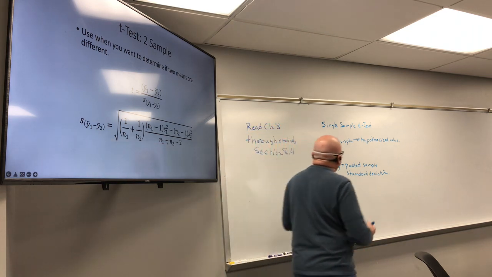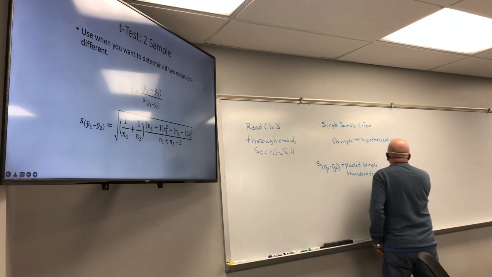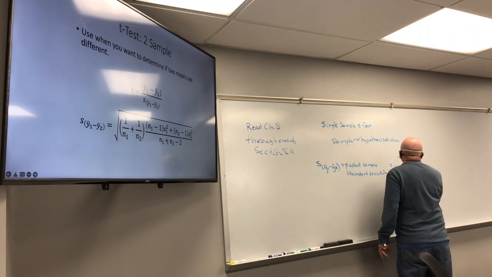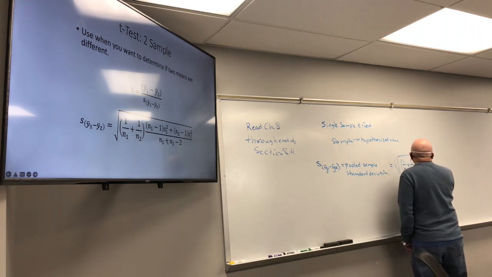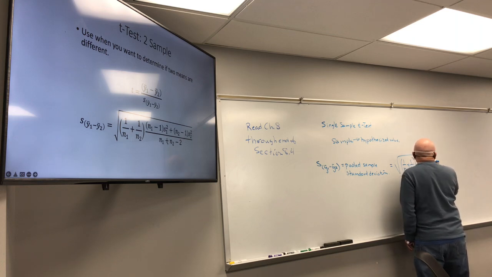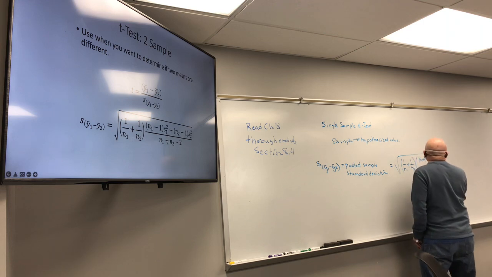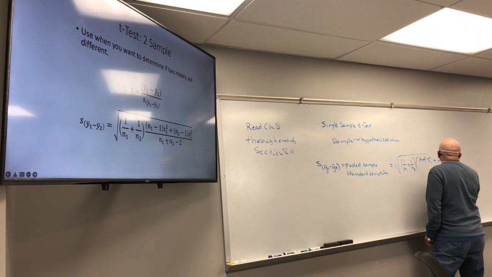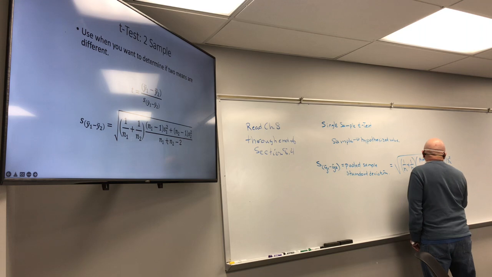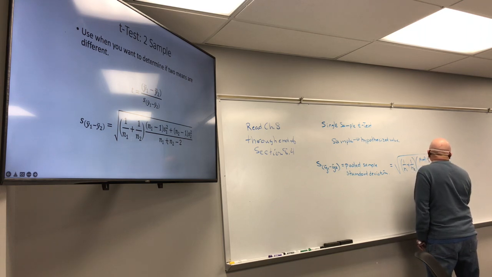And so the formula for this is the square root of 1 over sample size 1 plus 1 over sample size 2, multiplied times sample size 1 minus 1 times the variance of sample 1 plus sample size 2 minus 1 times the variance of sample 2, divided by sample size 1 plus sample size 2 minus 2.